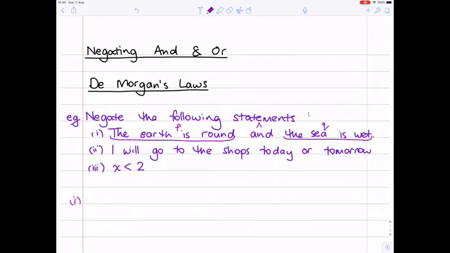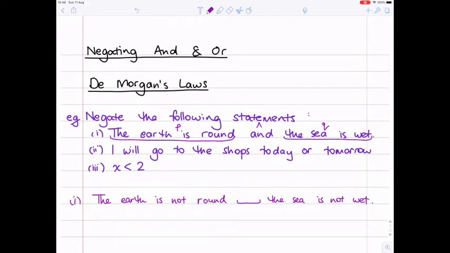So if we negate this, we're going to have the earth is not round, I'm leaving a space over here for whether it should be and or, and the sea is not wet.